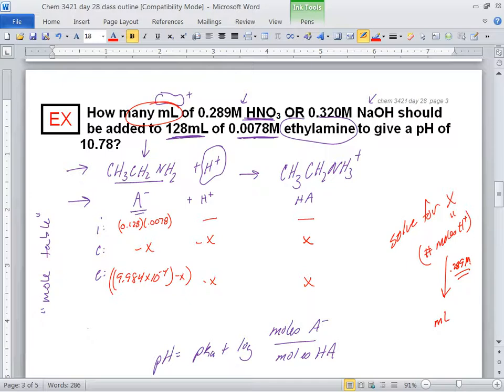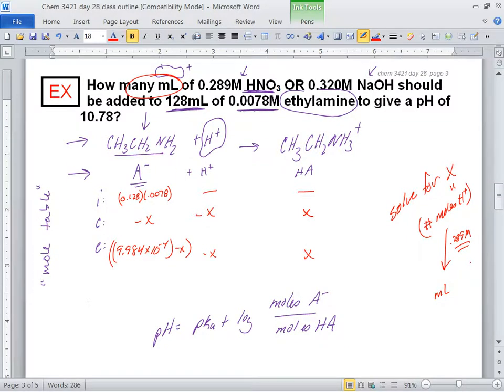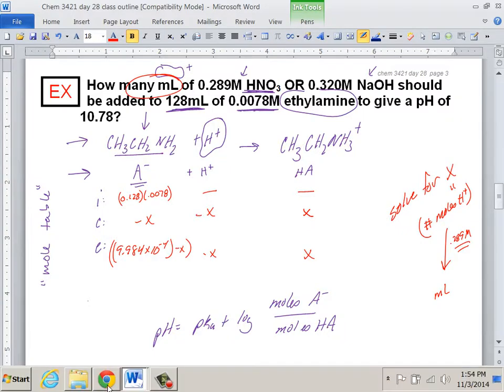Okay, so we have to solve for that, find that x. Okay, Ida, how do we substitute into this Henderson-Hasselbalch equation to solve for our x? What would you put where? Okay, the pKa. Oh, we need that table.